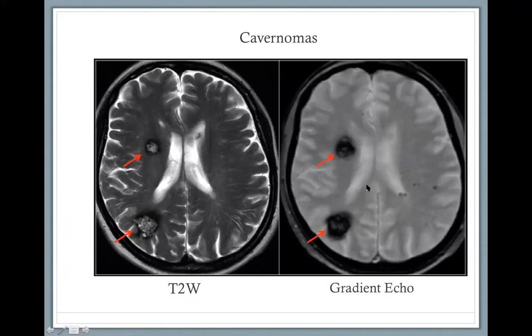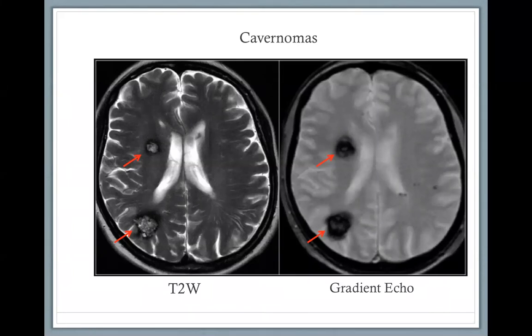And therefore, it will show you even more signal voids, so more iron, but also will allow you to detect smaller cavernomas when you don't suspect them. So here you can see the big ones, but not the small ones. And when you put on a gradient echo sequence, you actually can see the lesions better.